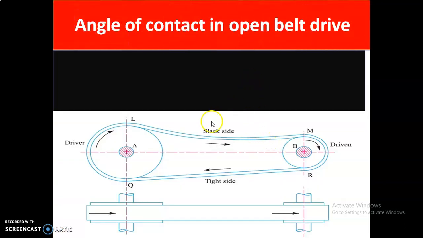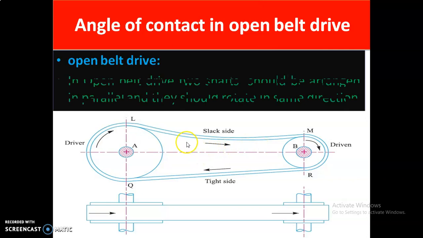Already we know about the open belt drive. Once again, listen. What is open belt drive? In the open belt drive, two shafts are arranged in parallel and they rotate in the same direction. Pulley A rotates in clockwise direction, pulley B also rotates in clockwise direction.